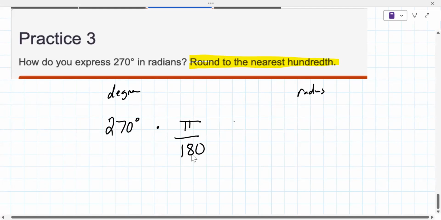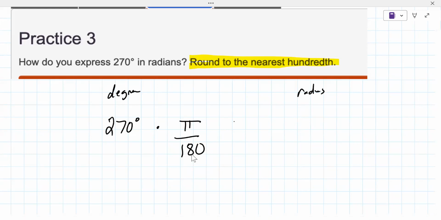270 times 3.14 divided by 180. That would be 4.71.